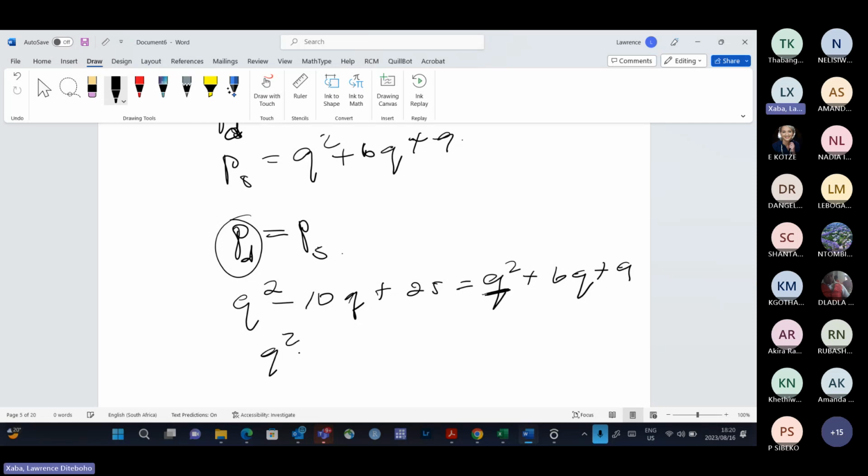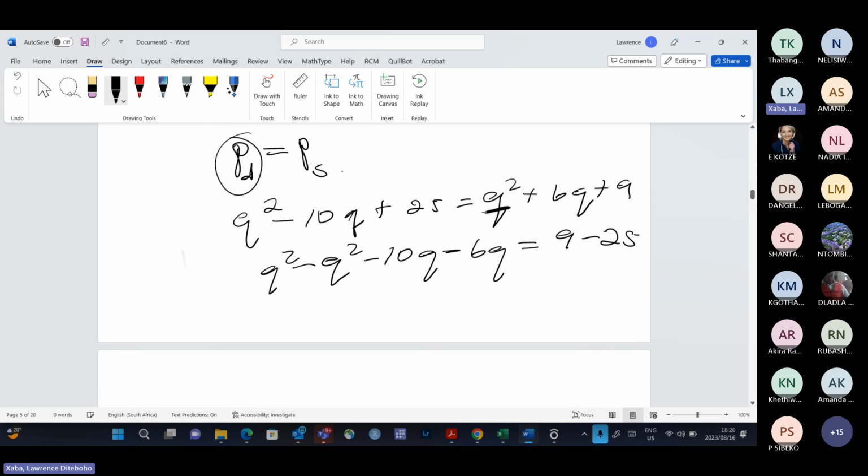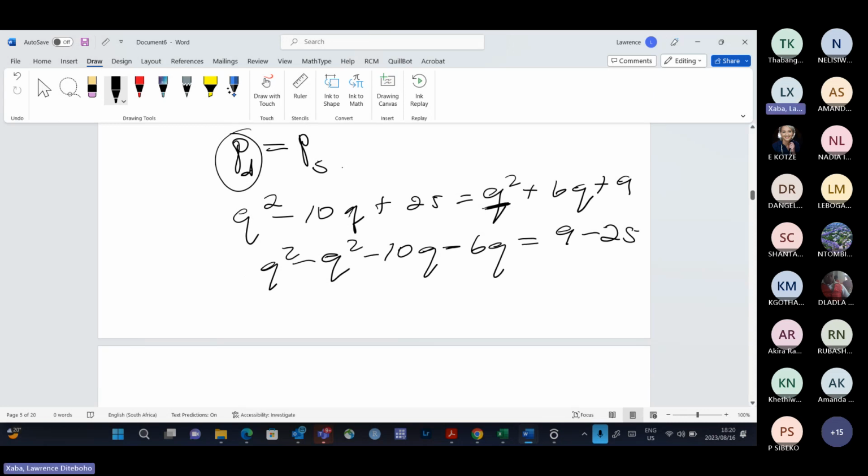Then we have Q squared minus Q squared, I'll try to bring them closer, Q squared minus 10Q minus 6Q equals 9 minus 25. If you look at this Q squared, this one is positive, this one is negative, so they cancel each other and it becomes 0.